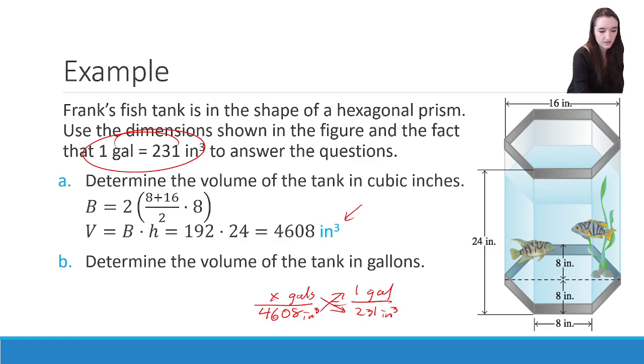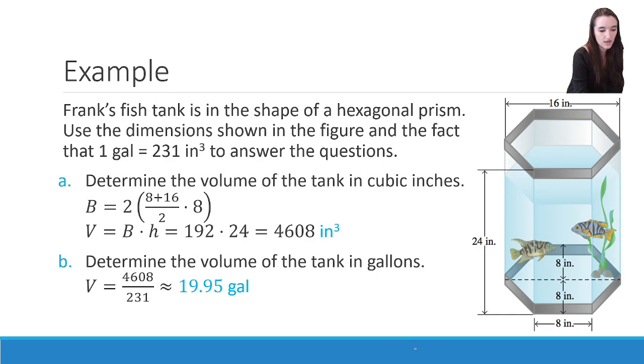Do our cross multiplication to get that X times 231 equals 4,608. Divide both sides by 231, and we end up with 4,608 divided by 231, which is approximately 19.95 gallons.